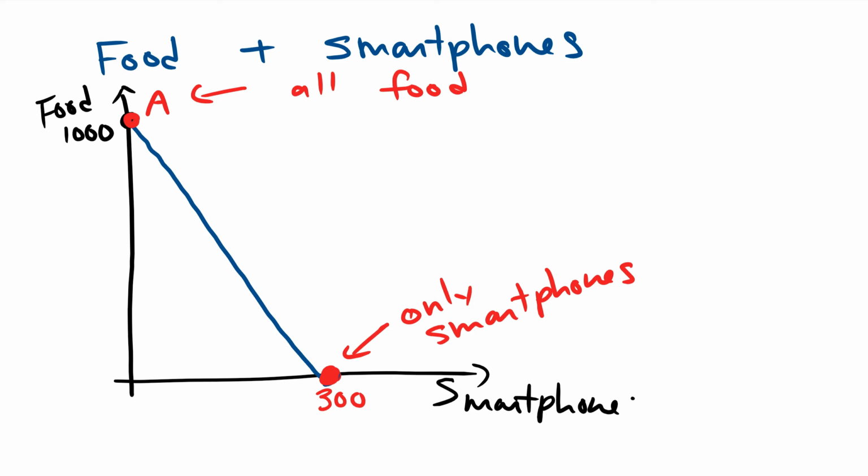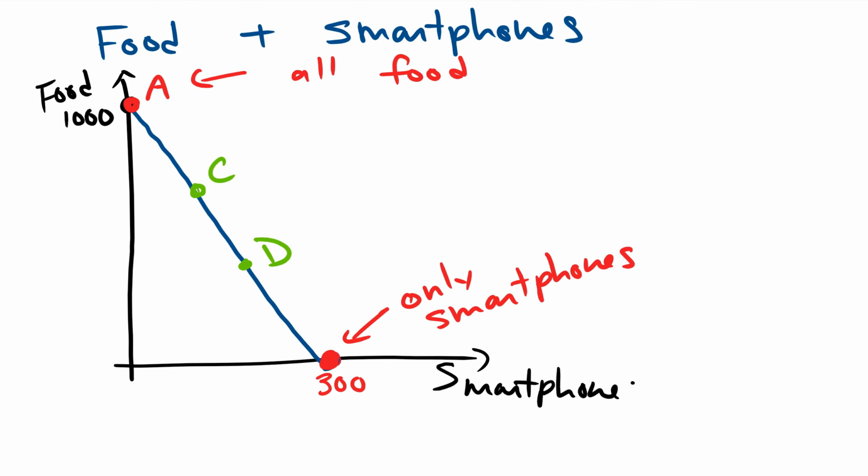So this is what we could do if we did all or nothing, but we can also do some combinations in between, like C or D. At C, we're producing a lot of food, but some smartphones. And at D, we're producing a lot of smartphones, but we're still producing some food, so not as extreme.